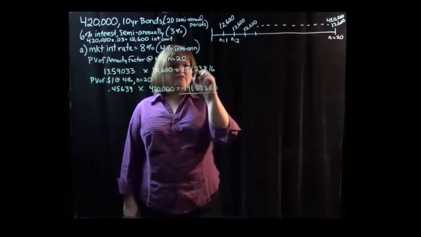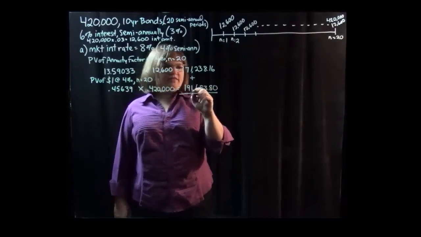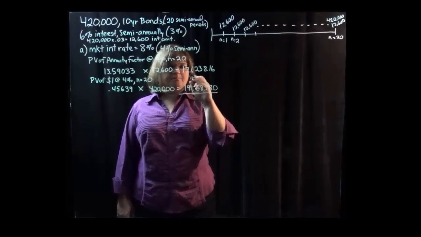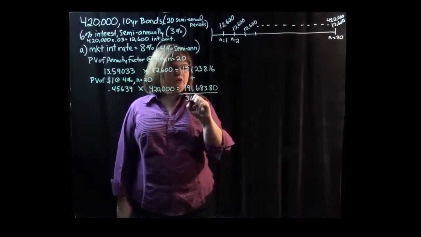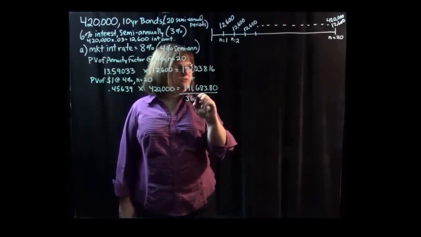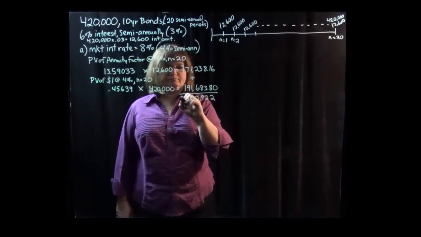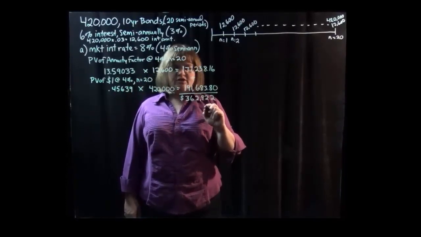We then add the two of these together to get the total present value of this bond's payments that are being made. And if we add those together and round to the nearest dollar, we're going to get $362,922. So that is the price at which this bond will be issued.